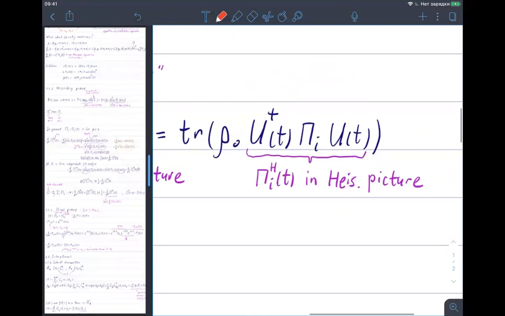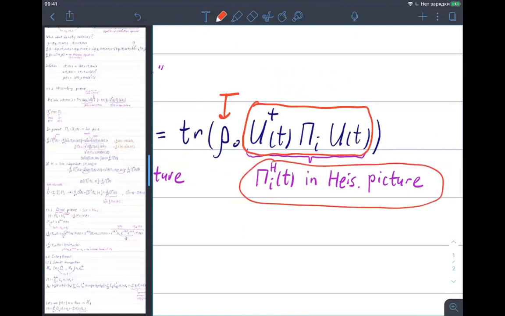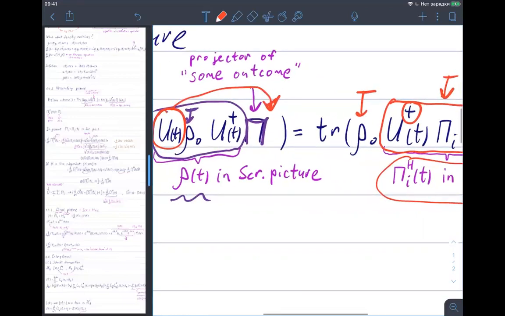And we come to this form, and we can say that our initial state is the same, but what evolves is actually not our state but our operator, and this is what is called the Heisenberg picture. So we say that our operator evolves, and the result of the evolution is given by this expression. Note that here we have the dagger in the first position and the operator without dagger on the right-hand side.